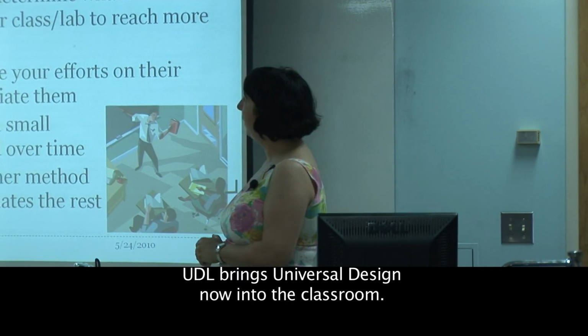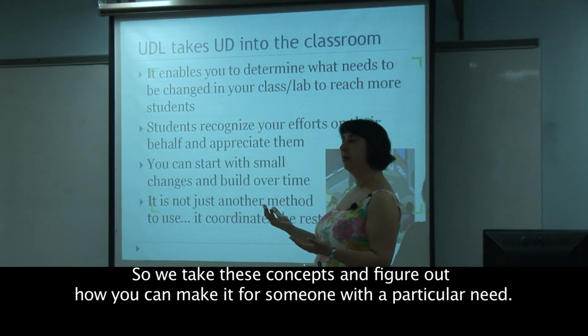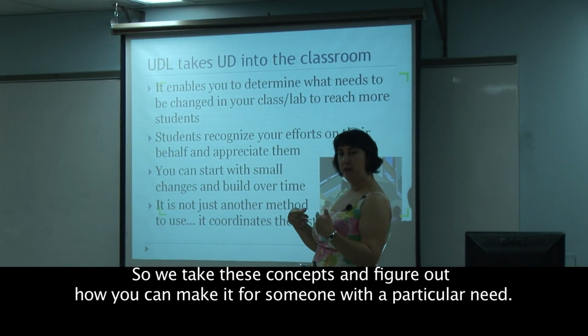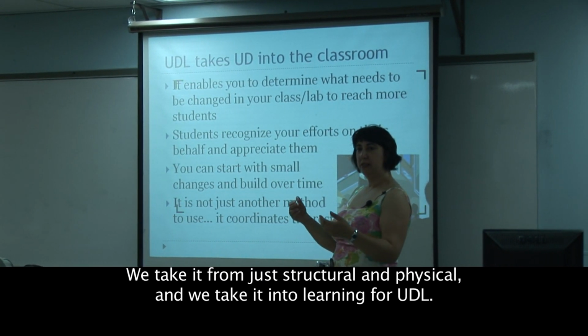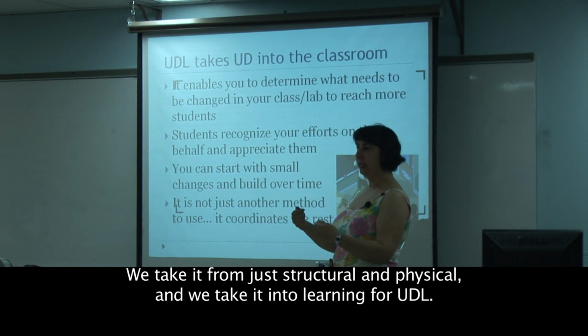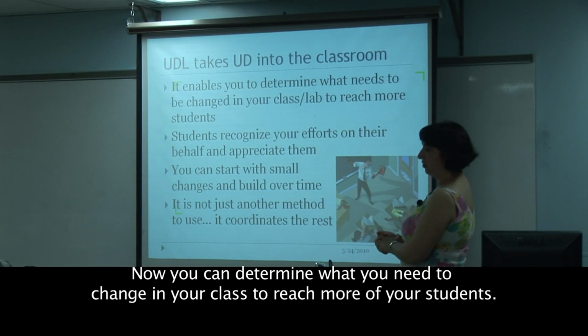UDL brings universal design now into the classroom. We take these concepts of figuring out how to make something for someone with a particular need, and we take it from just structural and physical into learning for UDL. Now you can determine what you need to change in your class to reach more of your students.